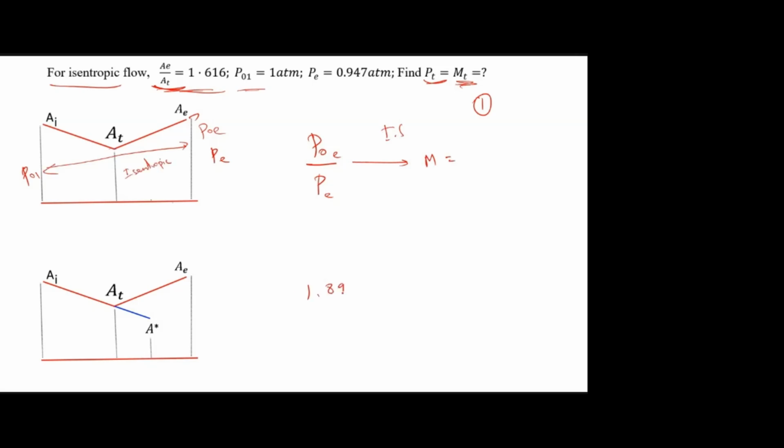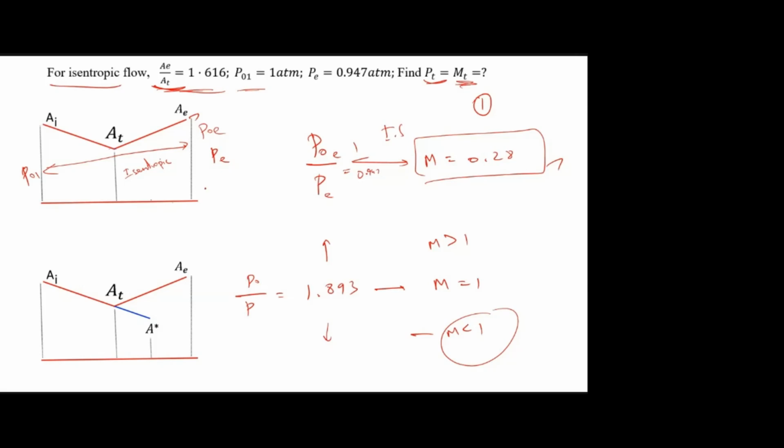Yes, sir. It's subsonic. Okay, so if P naught by P is 1.893, then it is 1, right? If it is less than that, then pressure difference is decreasing, so it is subsonic. If it is more than that, then it is supersonic. Mach number is 0.28. So this is not the optimized nozzle. So in this nozzle, there is a subsonic Mach number.